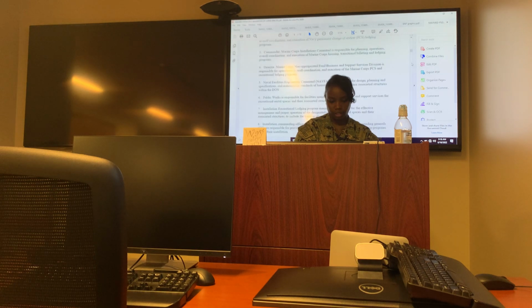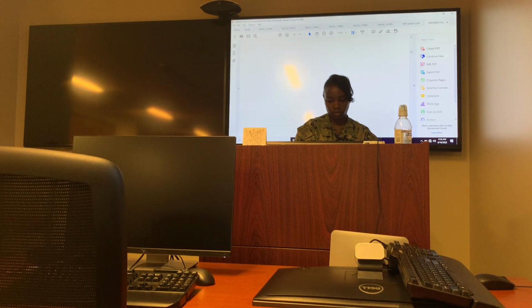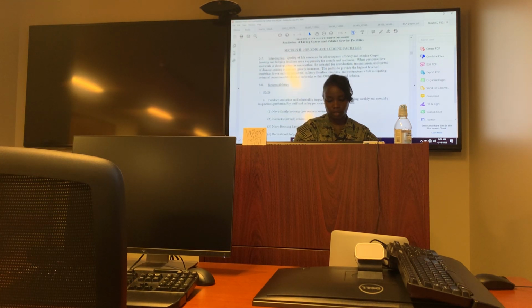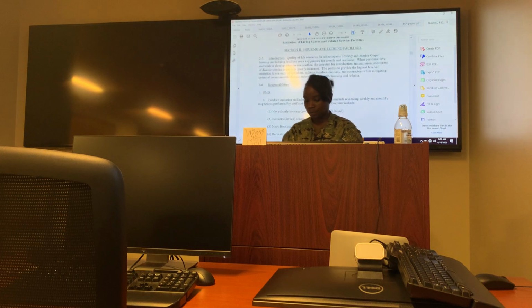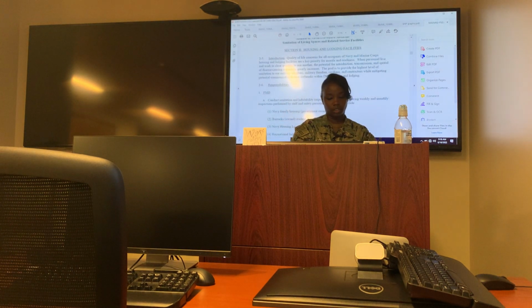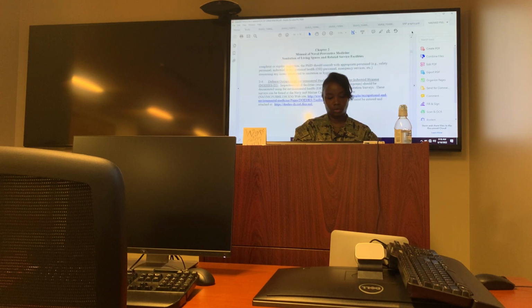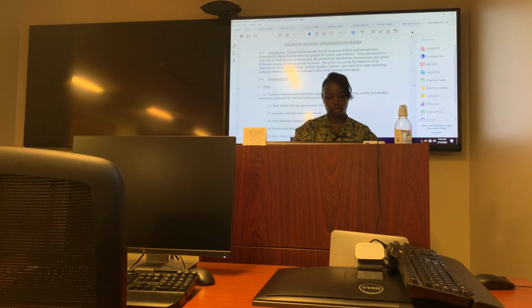So we just left off here about the DOORS IH stuff. Now we're going to move into section 2, which is for the housing and lodging facilities, and then we can jump into the responsibilities.